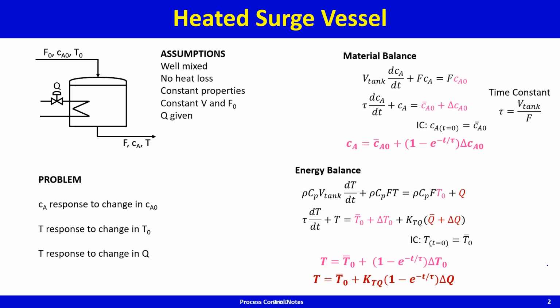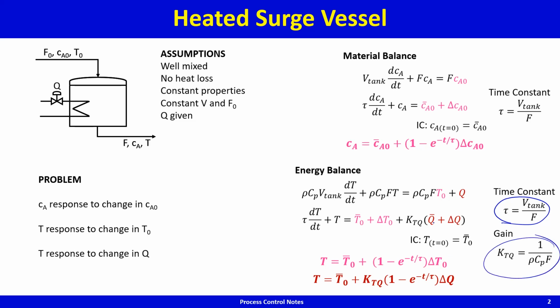Now let's look at the responses. By the way, again here, the time constant depends on operating conditions. The gain also depends on operating conditions. So that's a major point. For a first order ordinary differential equation, you got a gain. With respect to delta Ca naught, the gain is 1. With respect to T naught, the gain is 1.